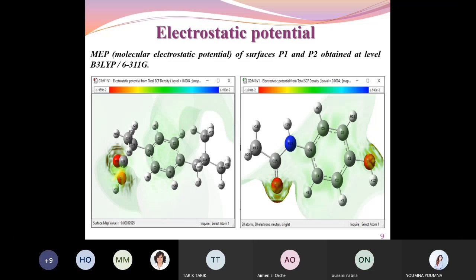Also, the negative red regions of the molecular electrostatic potential are linked to electrophilic reactivity, and the positive blue to nucleophilic reactivity.